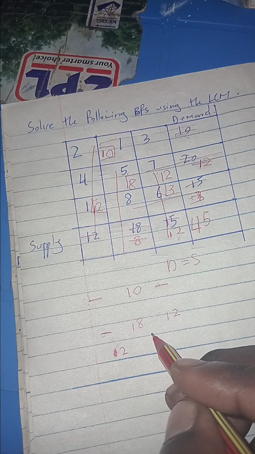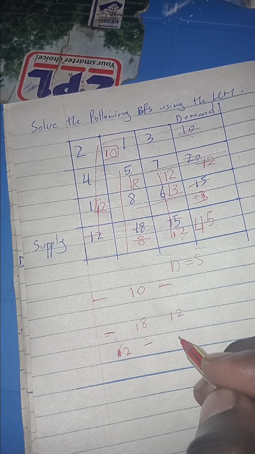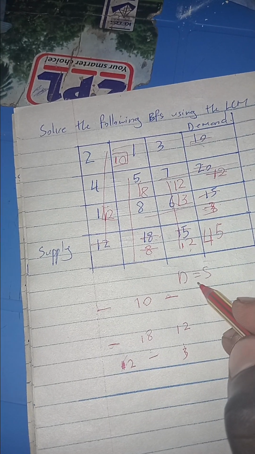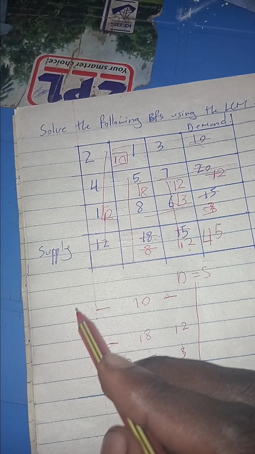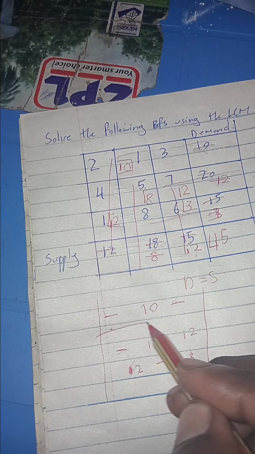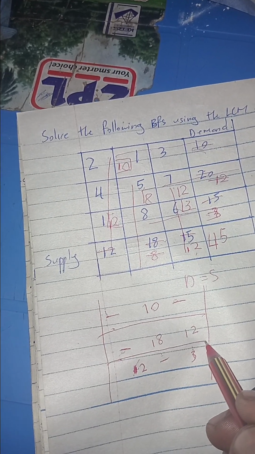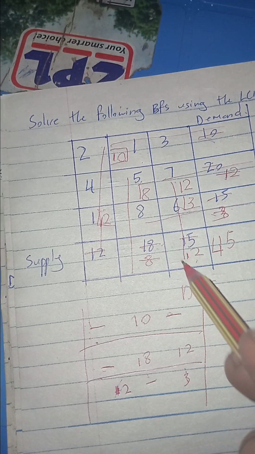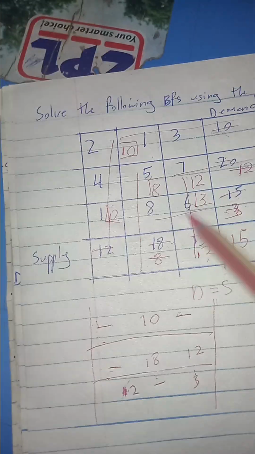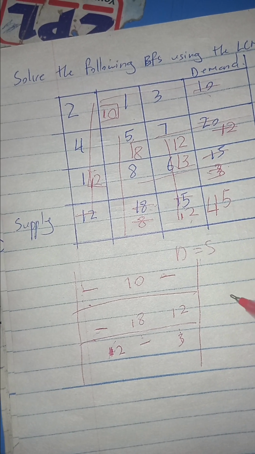Here now we have the hyphen because we have no allotment. Here we have 3. Okay. Then draw our table very well. This is the allotment table. So this is our allotment table with values filled in.